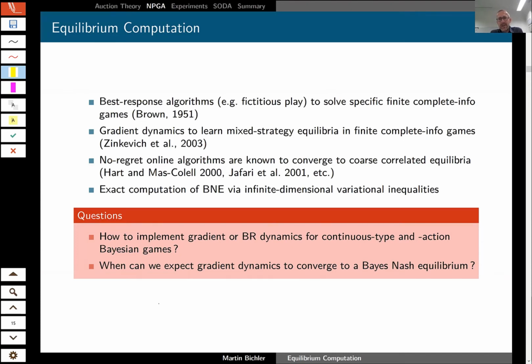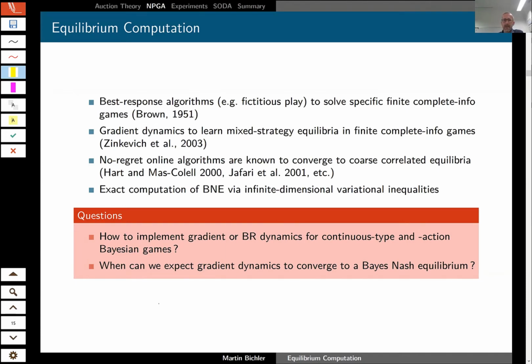That's the next question I try to address. And the second question is, if we can implement gradient dynamics on such auction games with continuous type and action space, when can we expect those gradient dynamics really to converge to the Nash equilibrium? These are the driving questions for the main part of this talk.